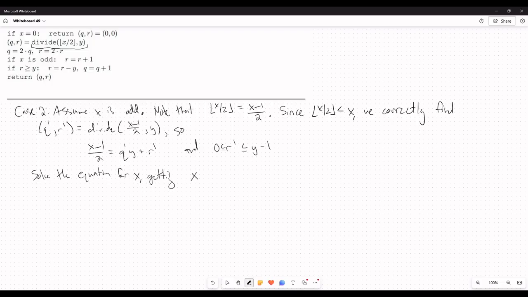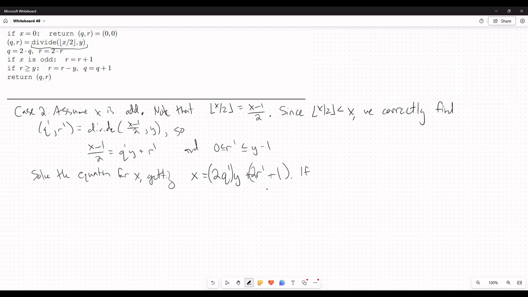That's going to get me that x equals 2q prime y plus 2r prime. That's multiplying both sides by 2. And then I need to move that minus 1 over, so that's going to turn into plus 1. And I'll add some parentheses here to show that really what we have is a quotient of 2q prime and a remainder of 2r prime plus 1. Okay, so we get that.